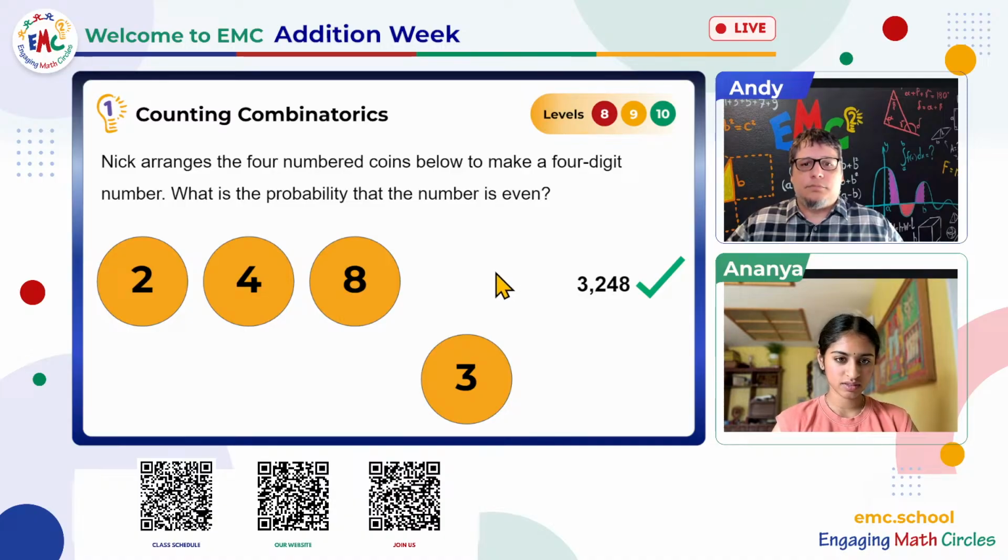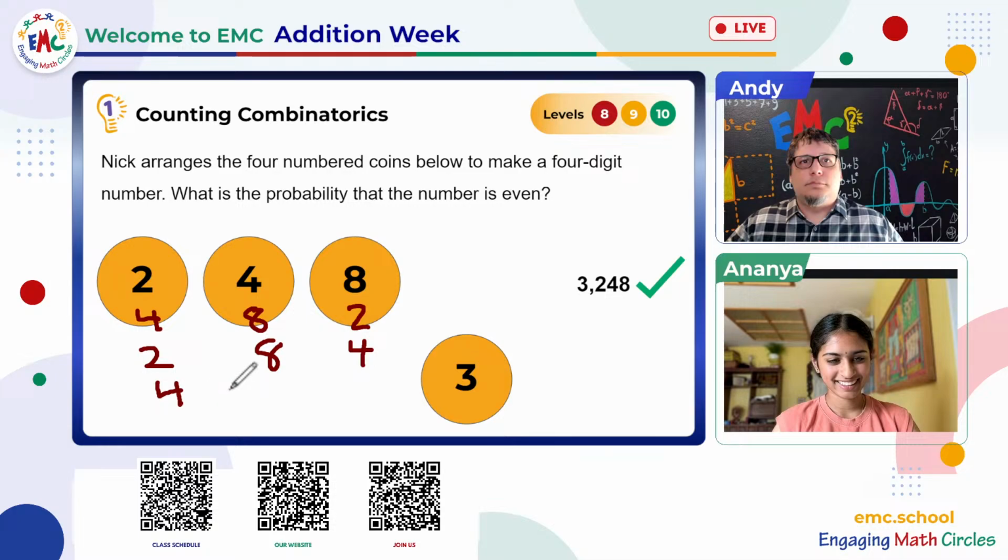So you can do 2, 4, 8, 4, 8, 2, and then 2, 8, 4, 4, 2, 8, 8, 4, 2, and 8, 2, 4. So that's 6.